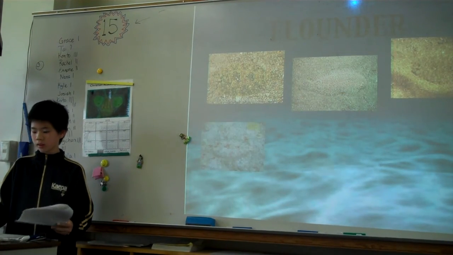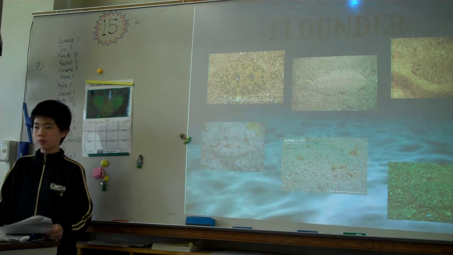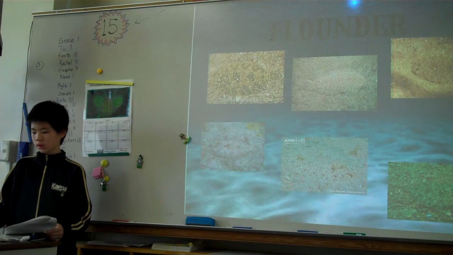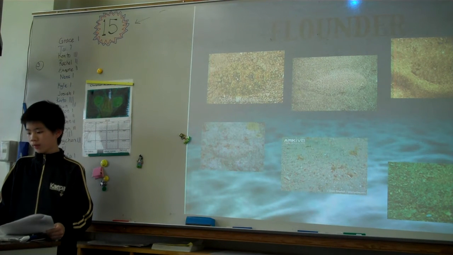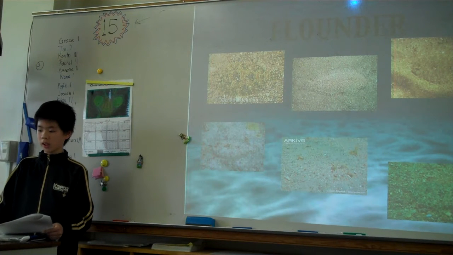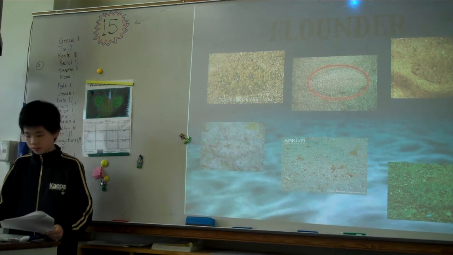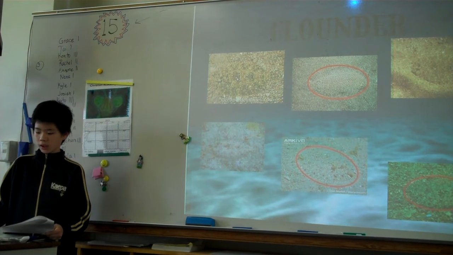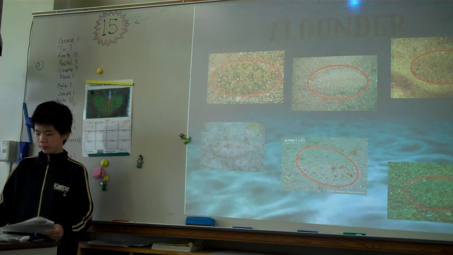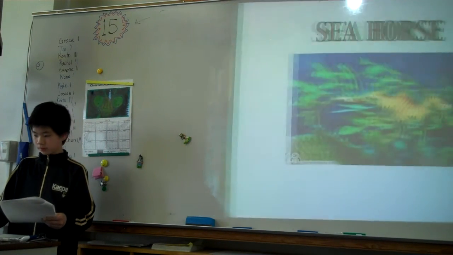The flounders look like deformed fish, with two eyes on one side, and they swim awkwardly and usually stay on the bottom of the ocean. They usually hide underneath the dirt or sand to stay safe from predators.